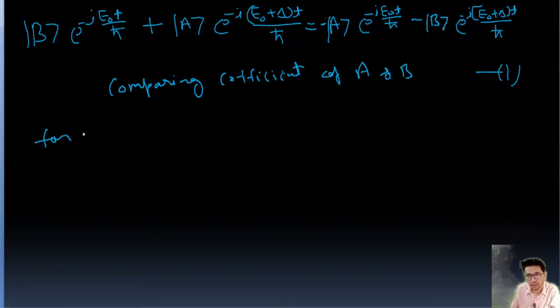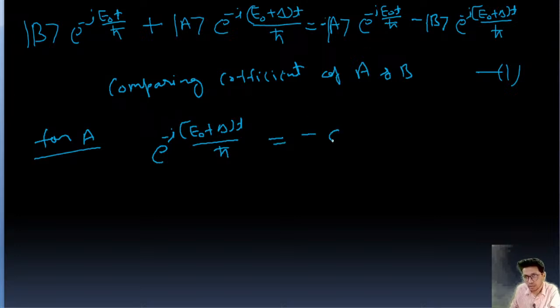First we will compare for A. Okay, coefficient of A. So the coefficient of A is this and this, right? The coefficient of A is going to be e to the power minus iota E naught plus delta T upon H cut, and that is going to be equal to this one, minus e to the power minus iota E naught T upon H cut.